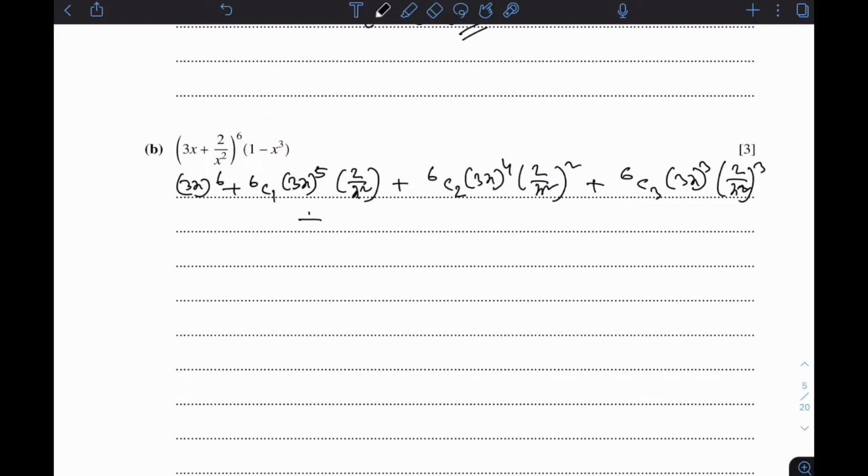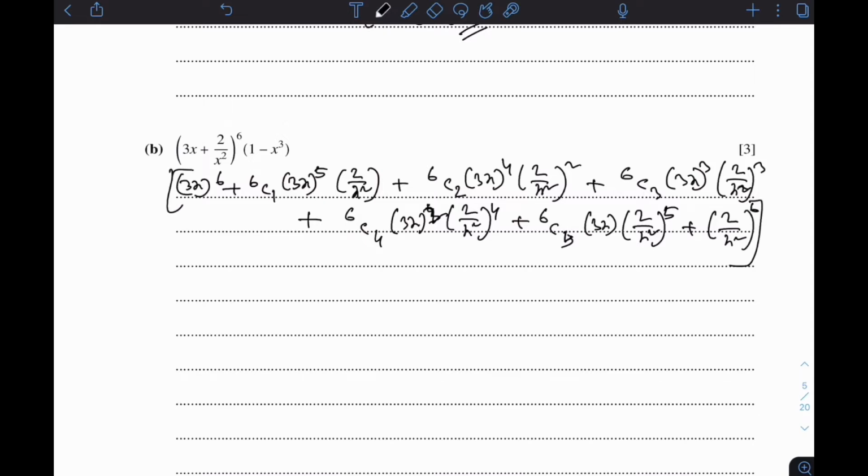Then plus 6C3 (3x)^3 (2/x^2)^3, then plus 6C4, 6C5, and the final term (2/x^2)^6. So this is the whole expansion, and we will multiply this one by 1 minus x cube.